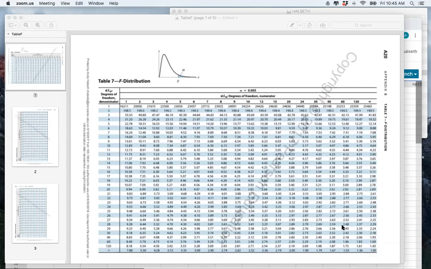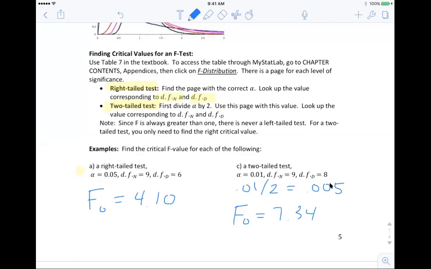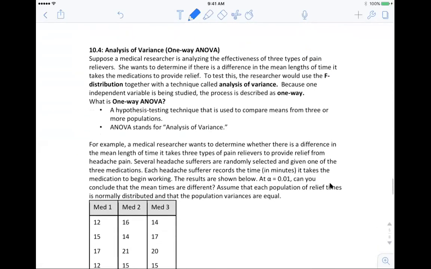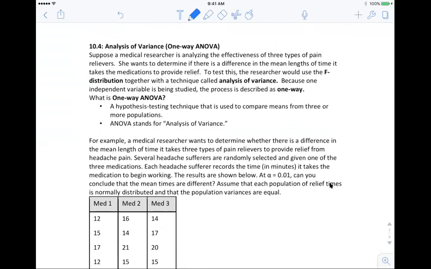Okay, so you have that technique now. That's the first step. And then you're going to apply this when you do the ANOVA hypothesis testing. Okay, so there's finding critical values. Let's jump right into ANOVA. ANOVA stands for Analysis of Variance. And really what you're using it for is to compare the means of 3 or more populations.